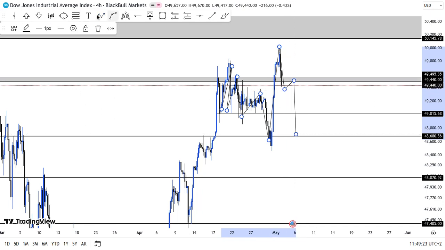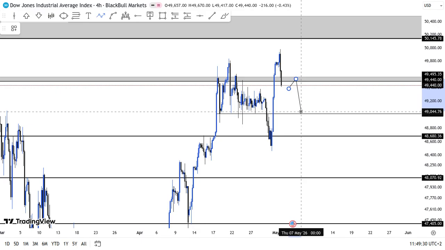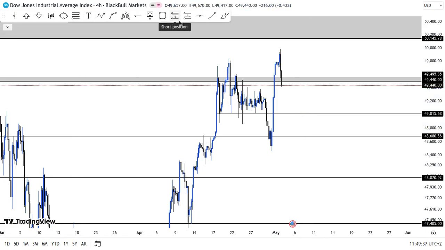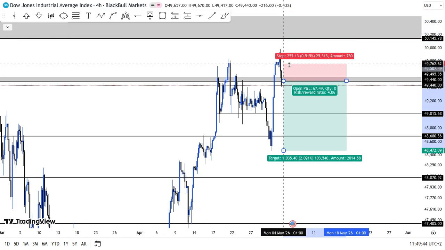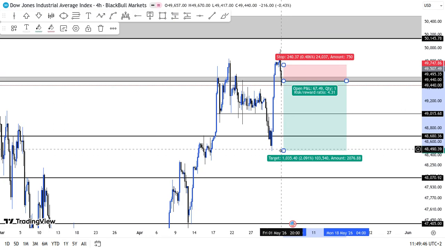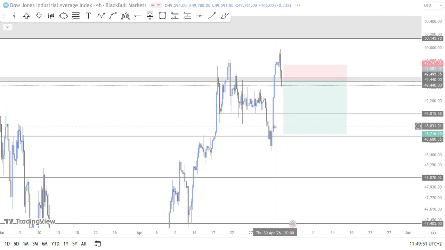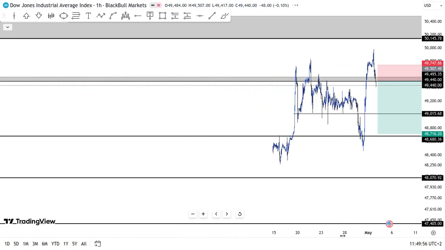But if price were to come here, I'll try it to there and there. But in most instances, if I see nothing, the best thing to do is to step away. That's the best thing that you can do for yourself and your capital.